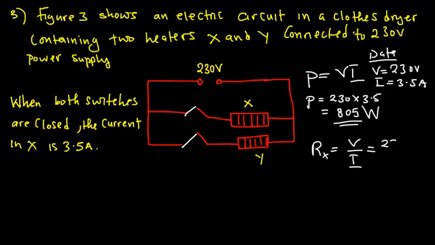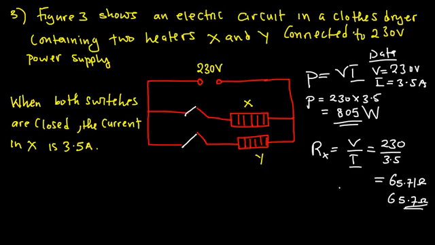The voltage is 230, divided by the current, 3.5 is given. If you divide this, it is going to give you 65.71 ohms, which you can just say 65.7 ohms. Okay, that is the resistance for X.